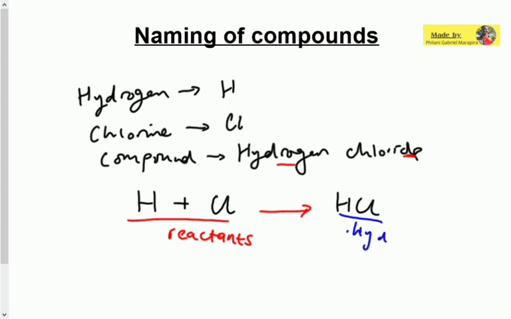So this is the product of the chemical reaction between hydrogen and chlorine. Here you have a total of 2 reactants, reactant number 1 and reactant number 2, namely the hydrogen atom and the chlorine atom, forming hydrogen chloride.